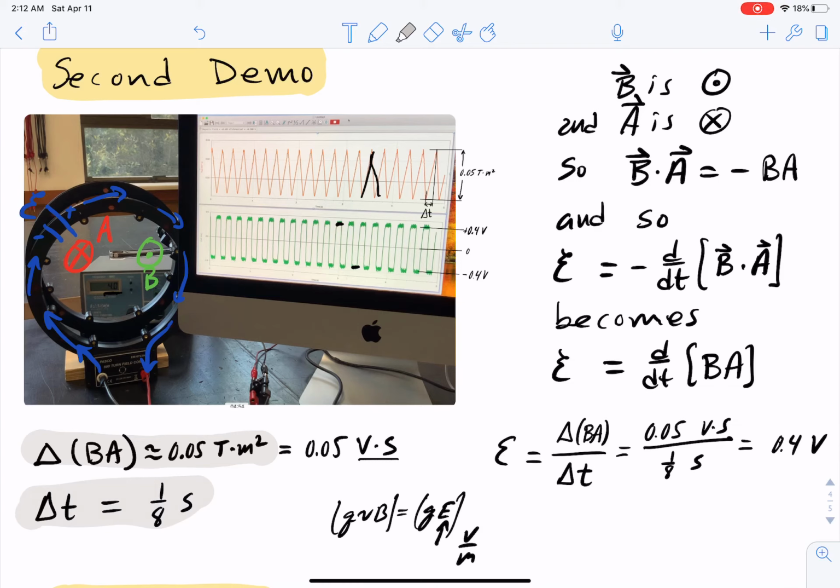So with that, we can calculate this slope, and we get 0.04 volts. Okay. Indeed, if you look at this graph here, it goes from 0.4 to minus 0.4, so that seems to work out.